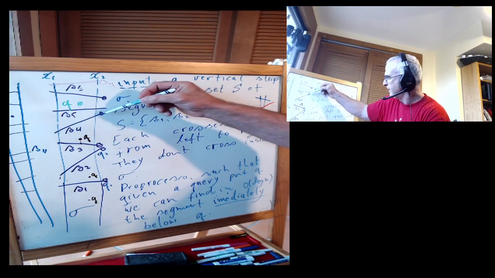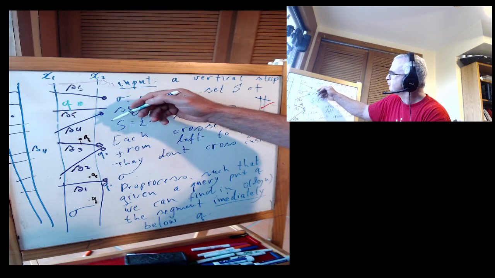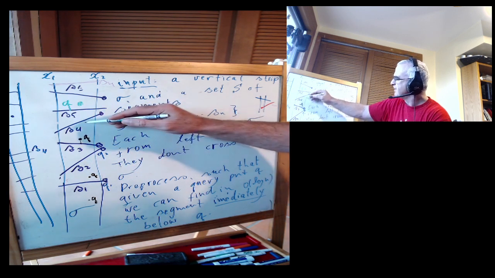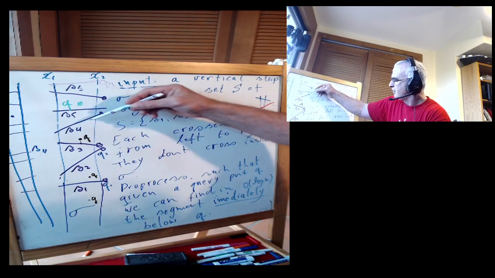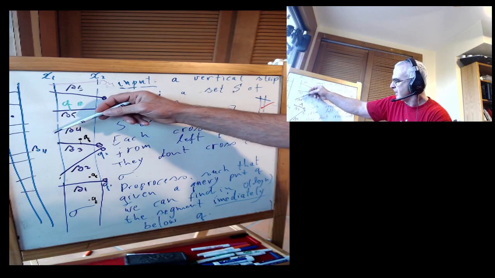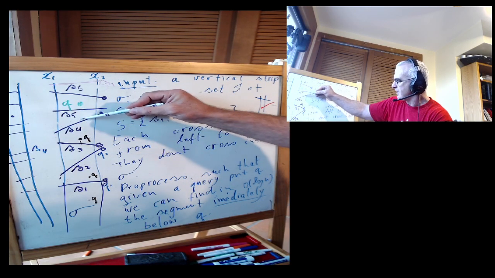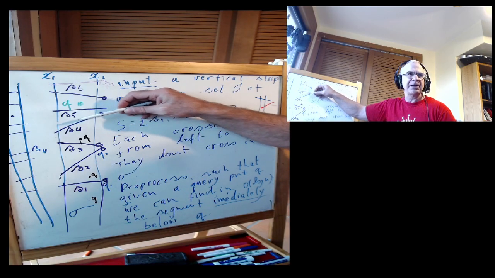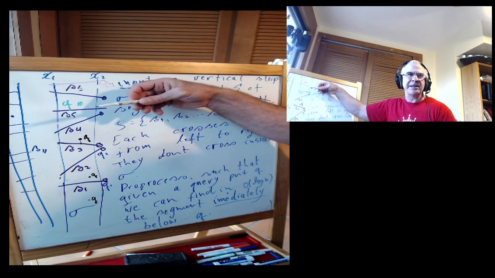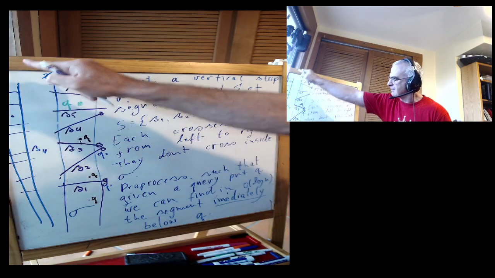S4 is the median, right? 1, 2, 3. S4 is the median, and I want to know if Q is above or below S4. Everybody understand why I picked S4? Because I have 7 segments. I just think about them as a binary search.